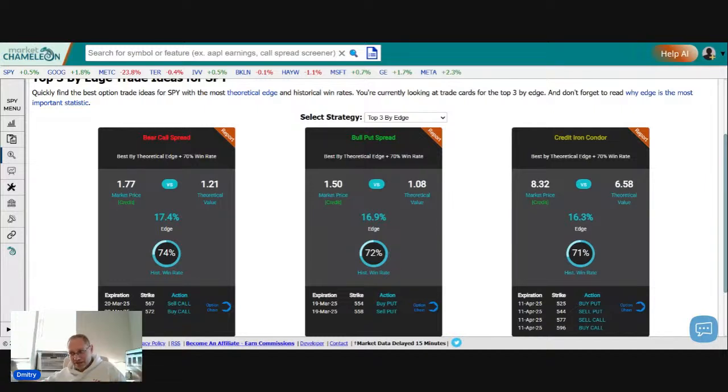In other words, at the expiration or by the end of those trading days, 74% of the time, the stock, the way it moved, would have resulted in this spread being closed out below $1.77.